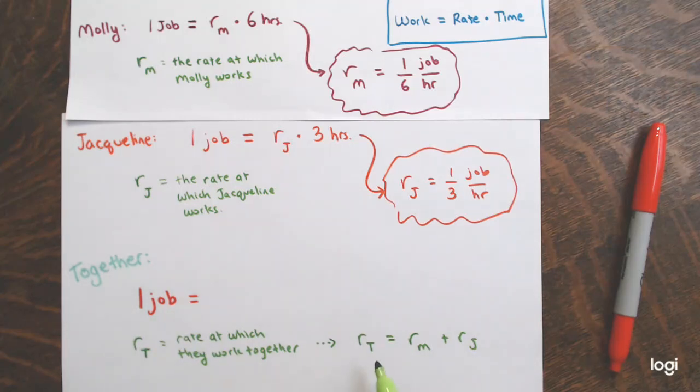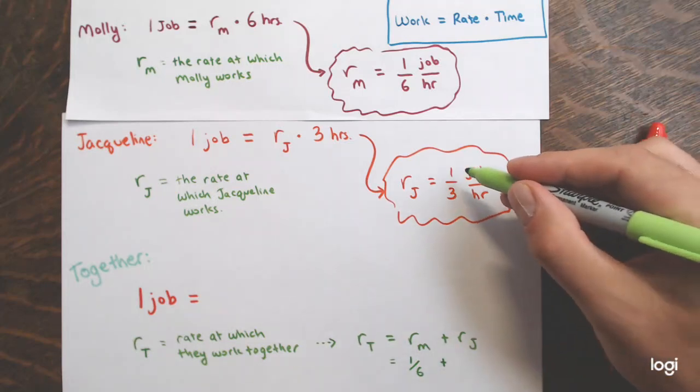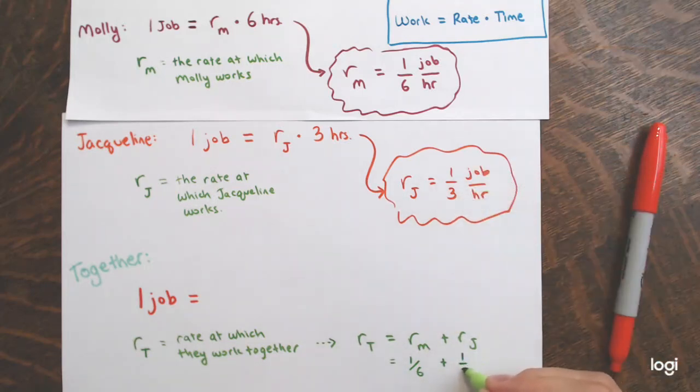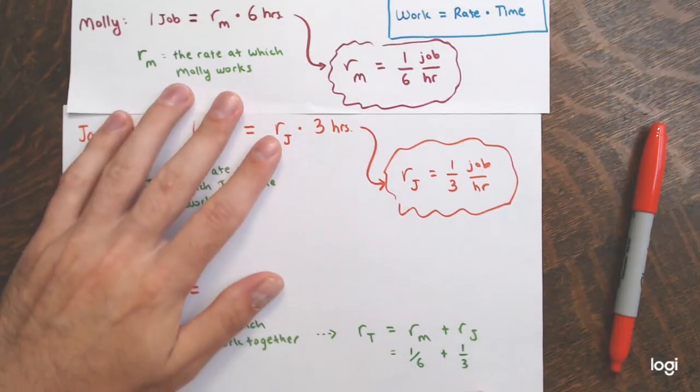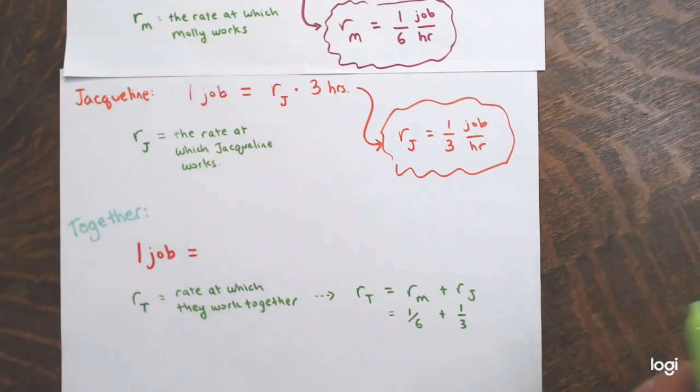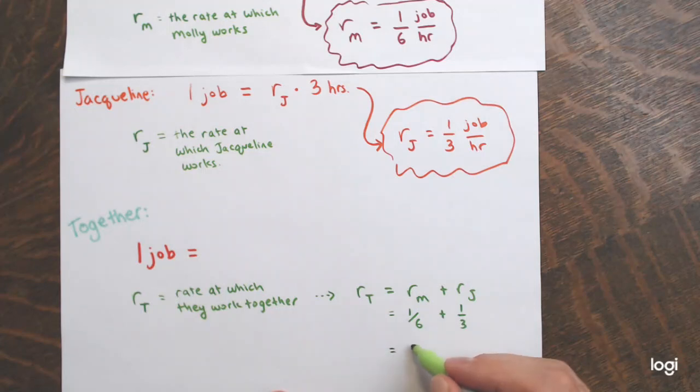All right, so the rate at which they do the job together is, well, Molly's rate was 1/6 of the job per hour, so let's put 1/6, and just know that this is jobs per hour, plus the rate at which Jacqueline worked, which was 1/3 of the job per hour. All right, we're almost done getting the rate at which they work together. And this is 1/6.